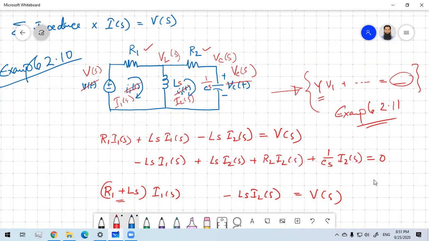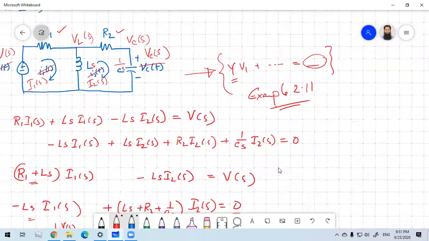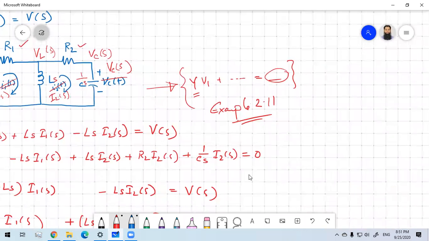If you want to see one example with a current source, I think you should go for example 2.12. All these are worked-out examples and they follow the same principle.